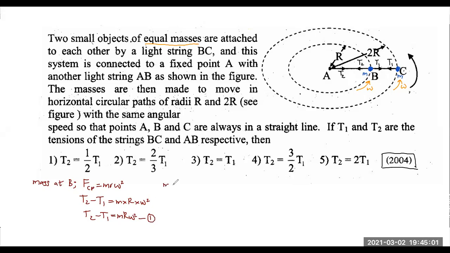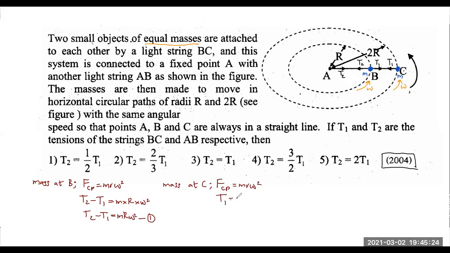And then you apply the equation for the mass at C. Again, the main equation is centripetal force equals mr omega square. Now, what is the centripetal force acting on this mass? There's only one force acting on that mass, so the only force acting on that is T1. That's all, nothing else, just T1.